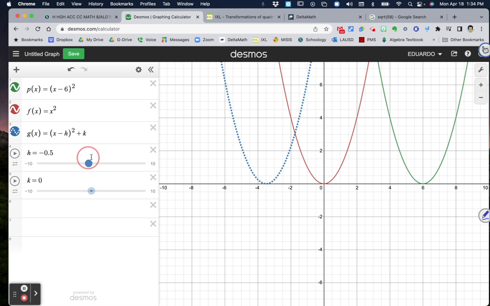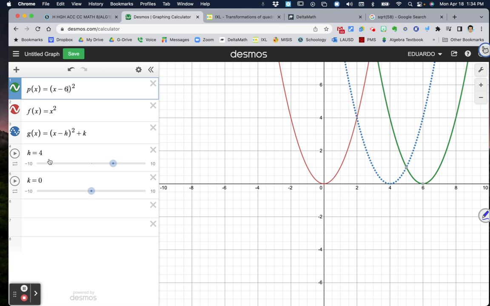Like if I want to put the vertex at 4, 0, how would I have to change this? X minus or plus 4? Do I want a minus 4 or plus 4? Yeah, I want a minus 4. X minus 4 squared. How is that working? Why does it have to be minus 4?